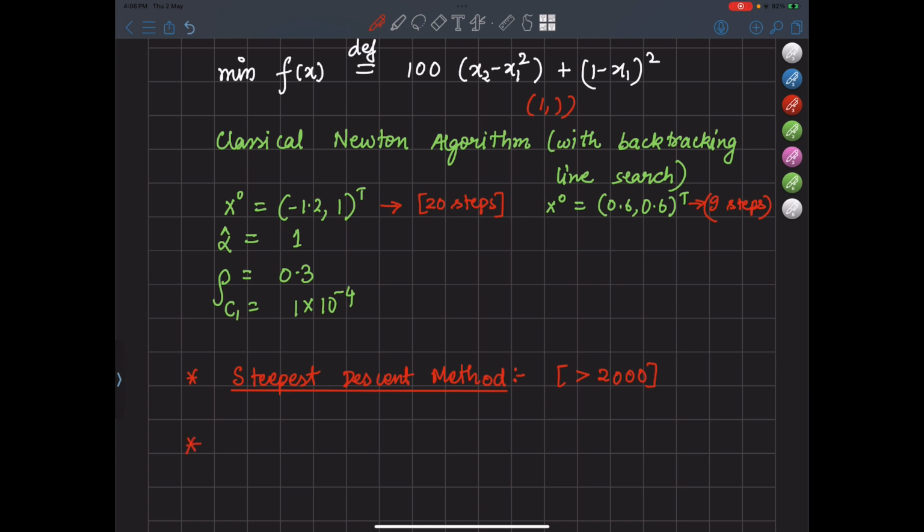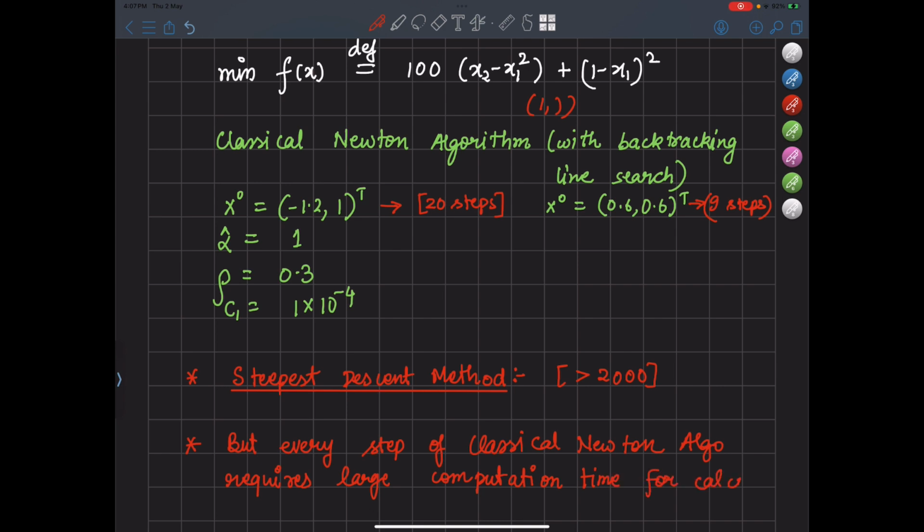But there is a catch: every step of the classical Newton algorithm requires large computation time for calculation of H inverse.